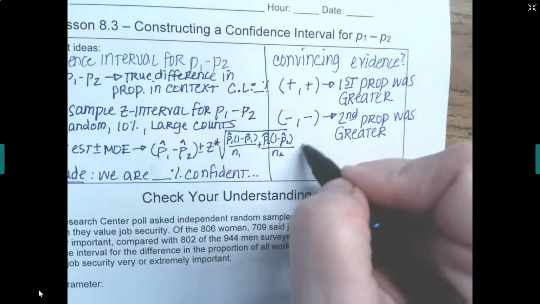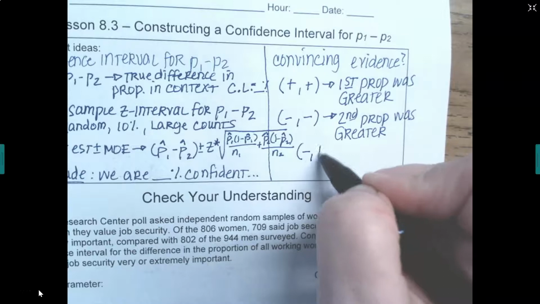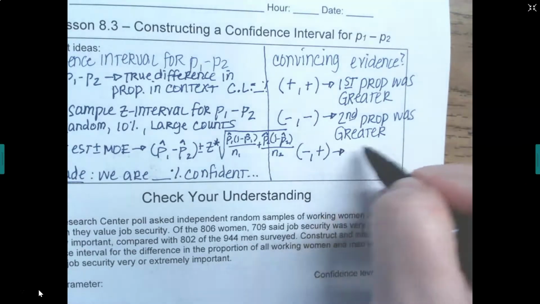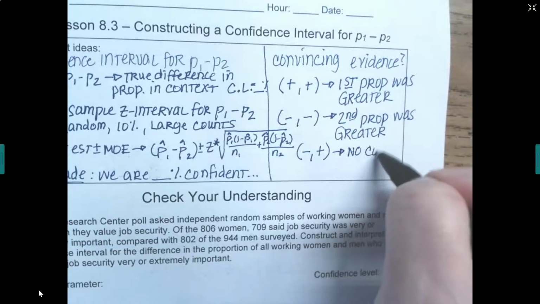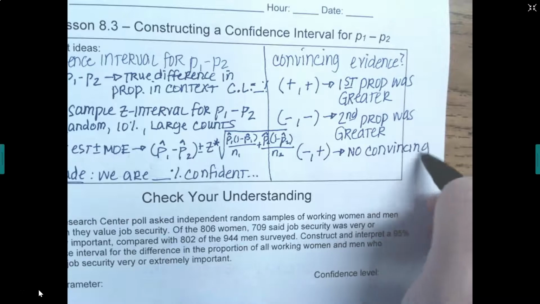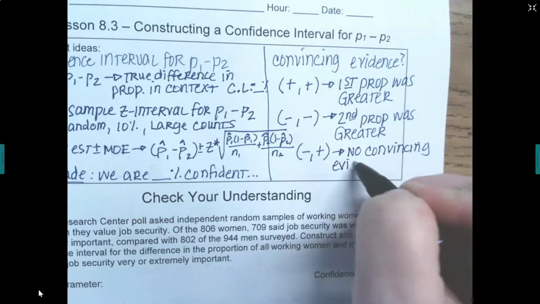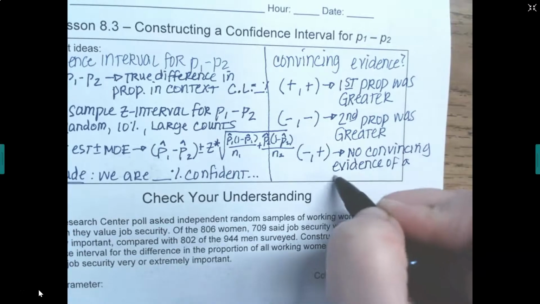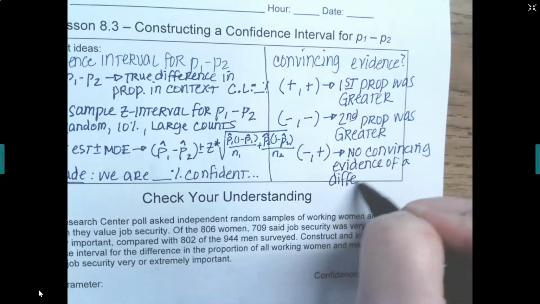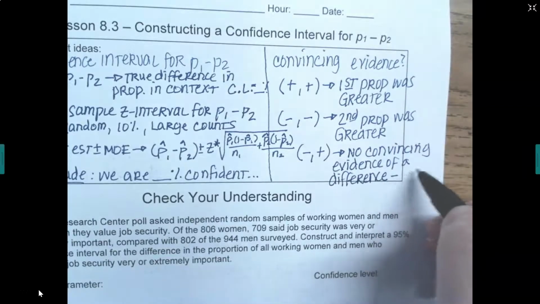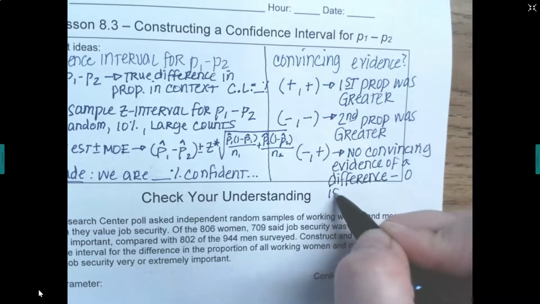If you have a negative number to a positive number, that means there is no convincing evidence of a difference, because 0 is in the interval.